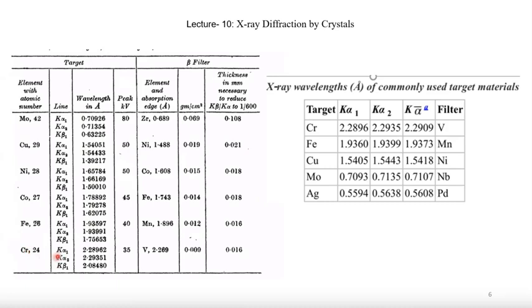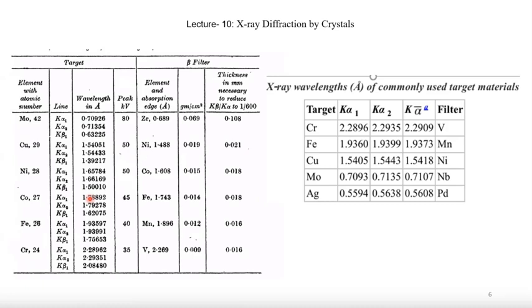Copper, 29, gives us K alpha 1 of 1.54056 angstrom, whereas molybdenum K alpha 1 gives us 0.70926 angstrom. So which radiation with what wavelength we need depends on our research or purposes. We decide that way, and we also order the target material from the market accordingly.